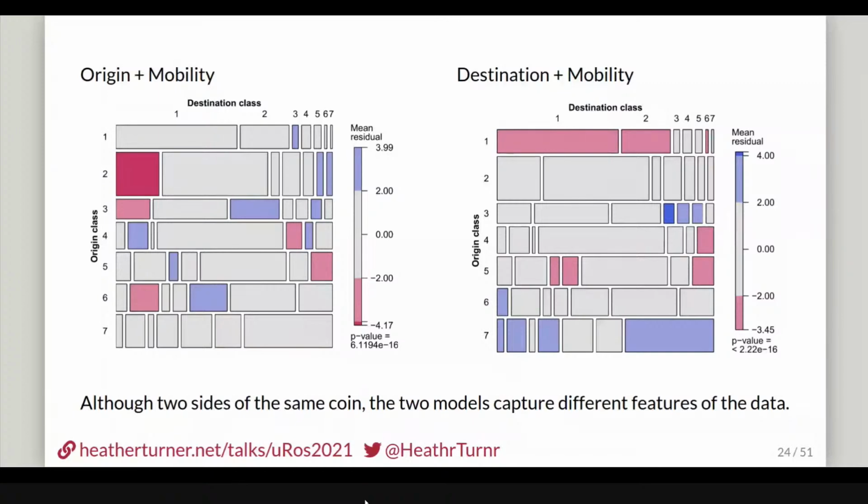And on the other side, we've got a large positive residual for the origin class 3 moving to destination class 4. Those are the largest residuals, but the general pattern of residuals is not symmetric. They're describing slightly different features of the data.